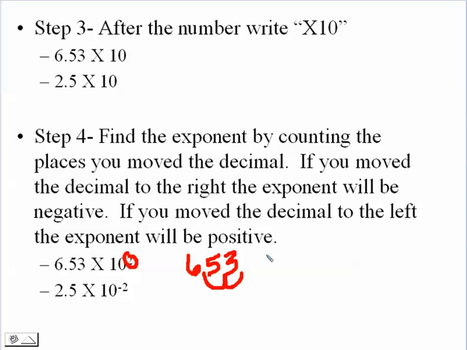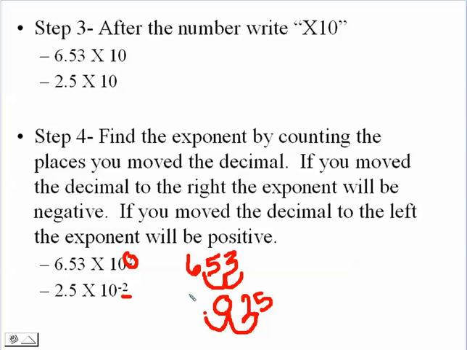Notice that our original number was a big number, bigger than 1. So that means our exponent is positive. In the second number, our original number was 0.025, which was less than 1, or a smaller number. When we moved it 2 places, that's where we get this 2 right here, but notice it's negative.